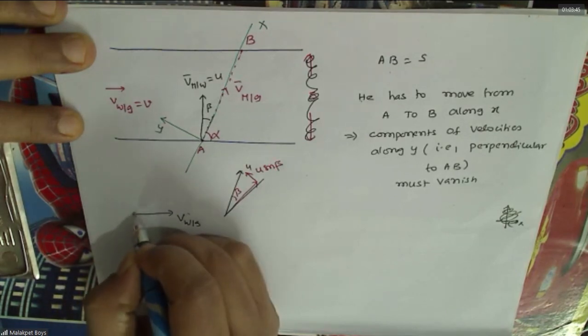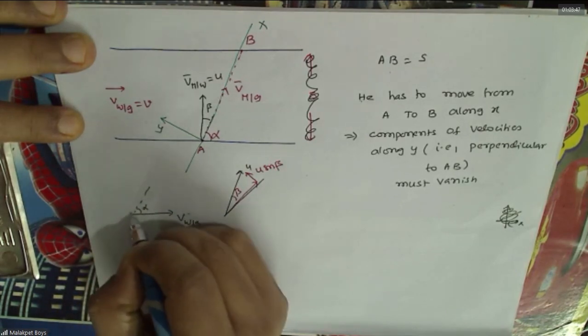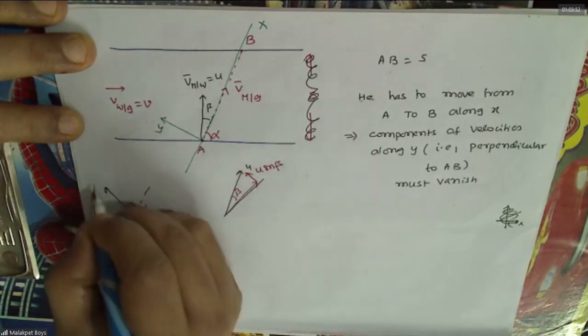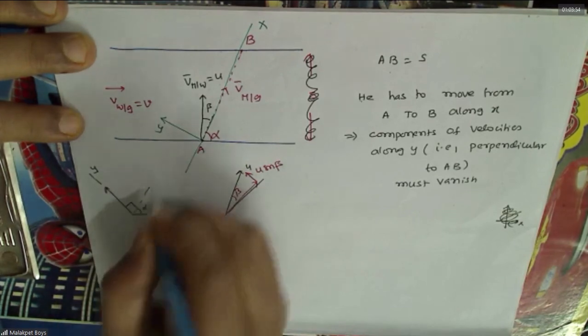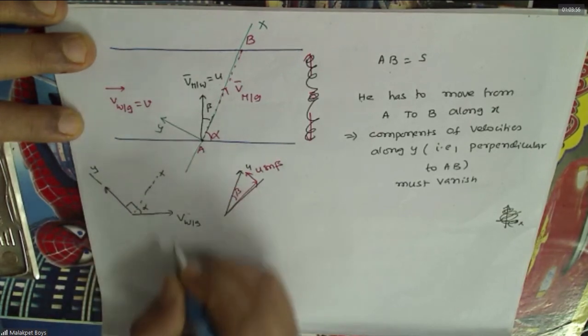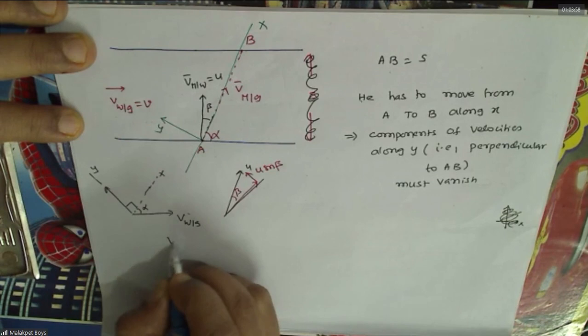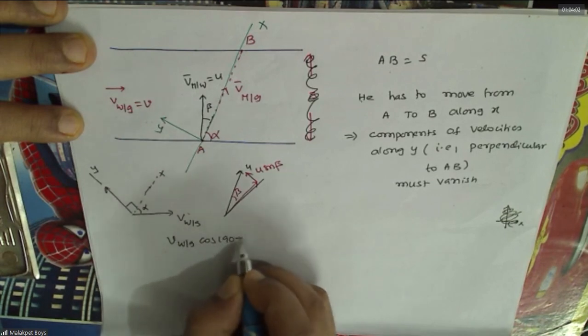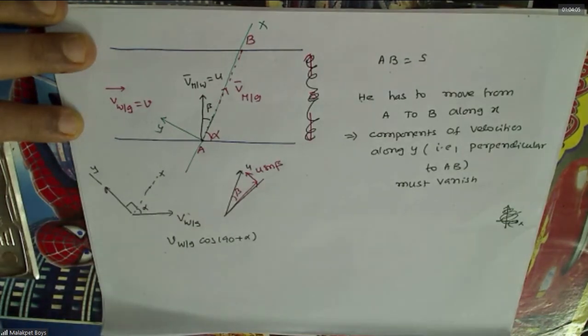This is alpha now. This is 90. So for the river flow, this is the y-axis now and this is the x-axis. So the component of river will be cos of 90 plus alpha. Do you agree with this? Clear or not?